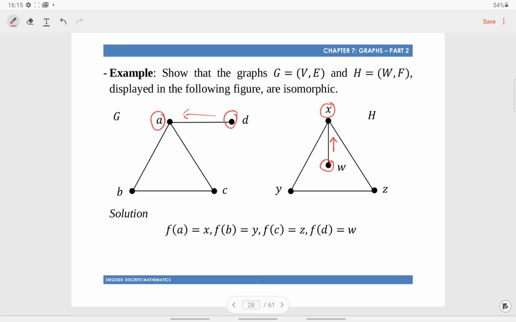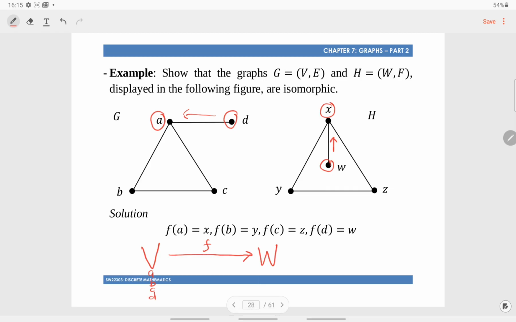So that's why we have set V, and we have set W for the graph H. Now we need a function that maps from V to W in order for G and H to be isomorphic, and this function f is required to be one-to-one and onto. In V we have A, B, C, and D as vertices.